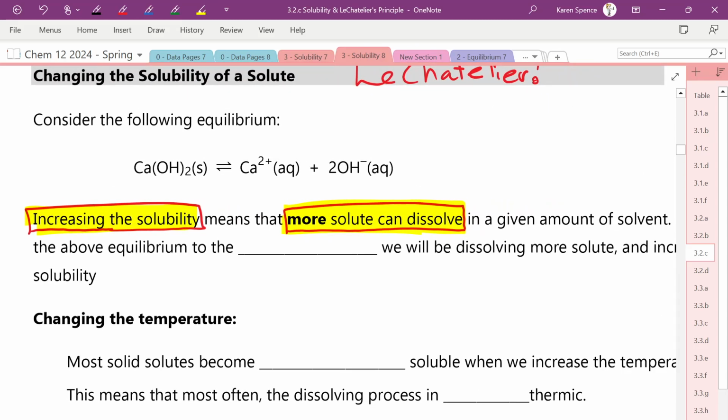If that is the case, which way does the equilibrium have to shift in order for more solute to dissolve?